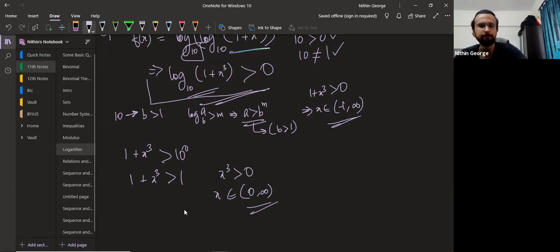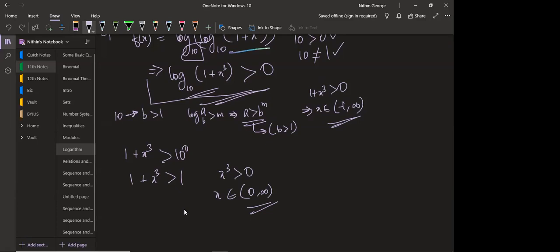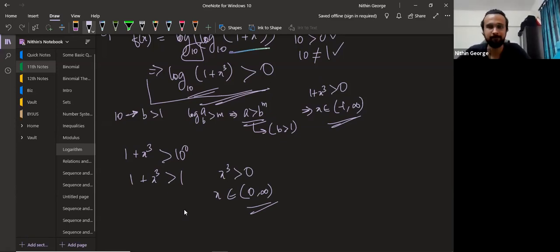What will your final answer be? All positive real numbers. Correct. Any x greater than 0 will be your final answer.